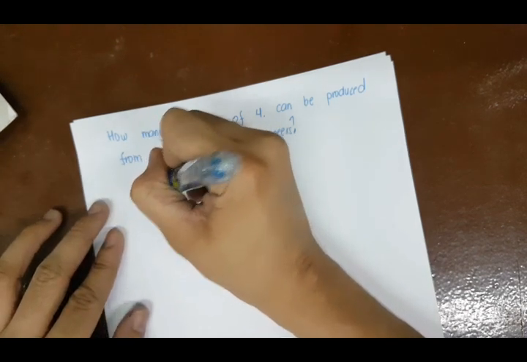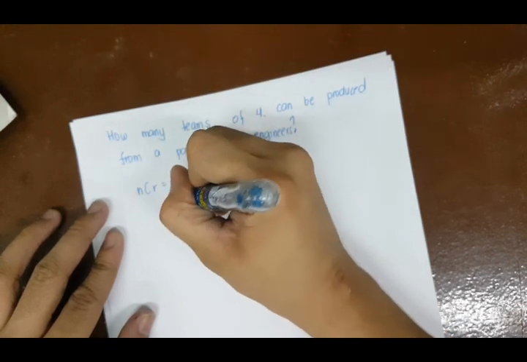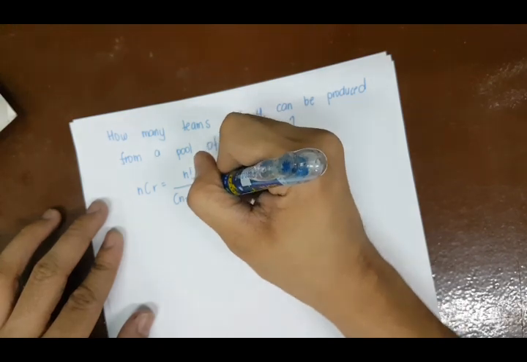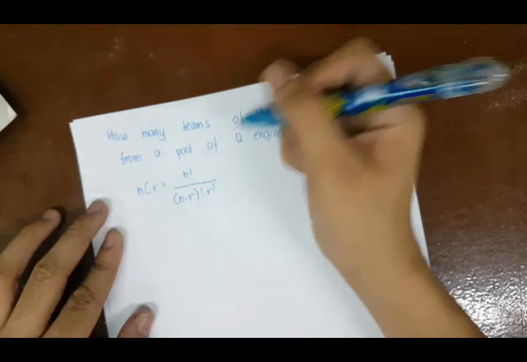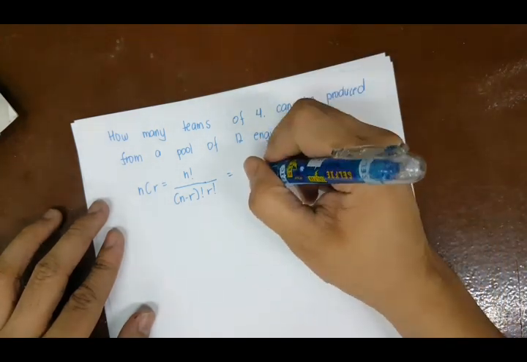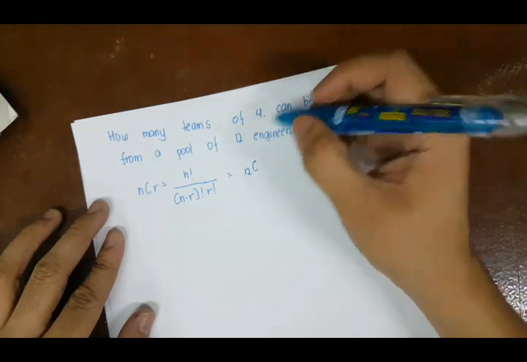nCr is equal to n factorial over n minus r factorial times r factorial. Okay? So our total number is 12. So 12 combination.